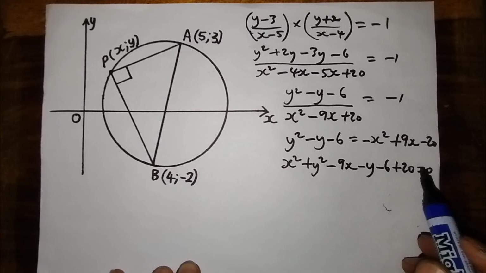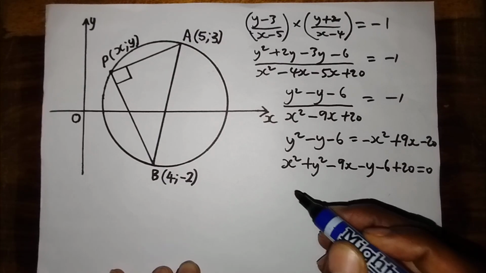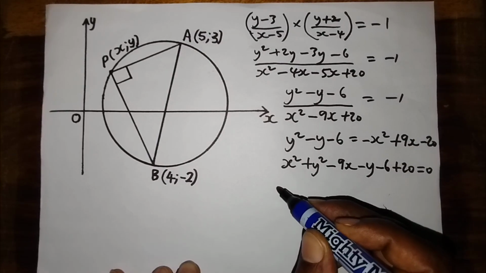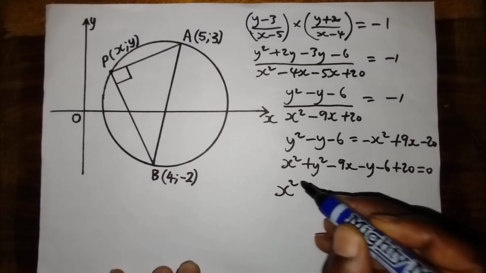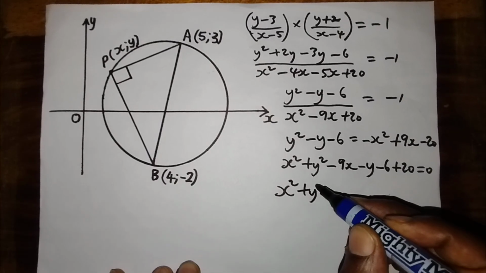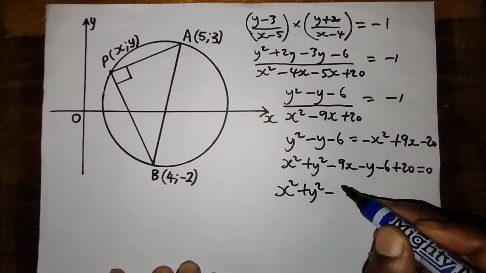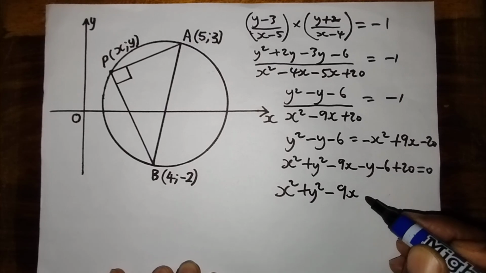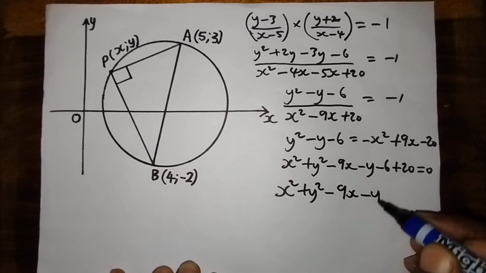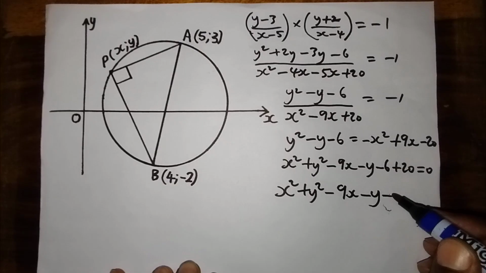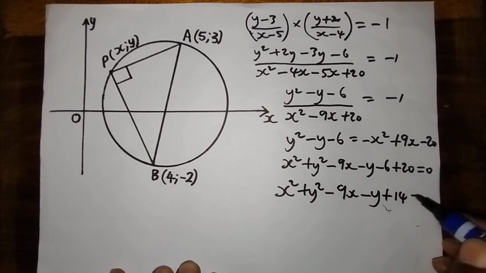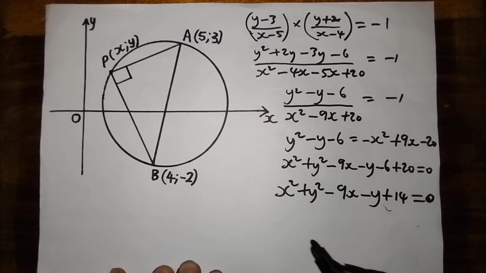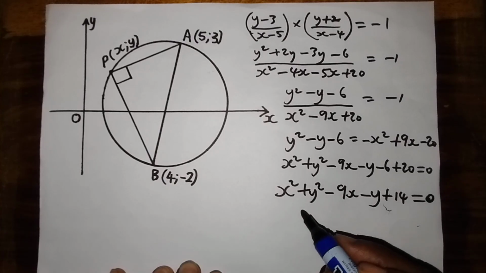Then we simplify here. So finally, the relationship between x and y is x squared plus y squared minus 9x minus y, minus 6 plus 20 is plus 14, equals 0. Okay, so this is the relationship between x and y.